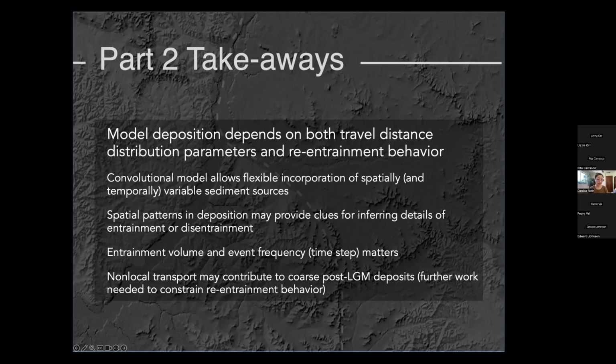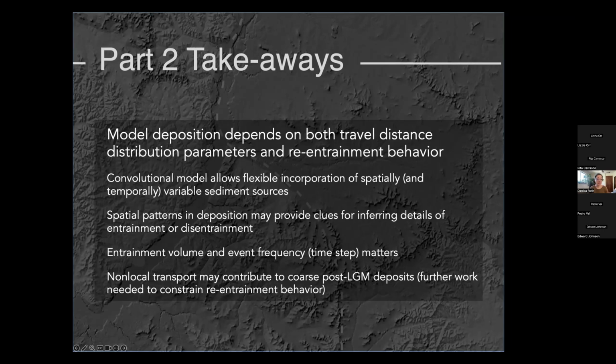Some takeaways here are that this convolution is allowing really flexible incorporation of variable sediment sources, which we can't do through a nonlinear local model. And those spatial patterns in the deposition could end up providing clues for inferring details of entrainment or disentrainment. The time step also matters.